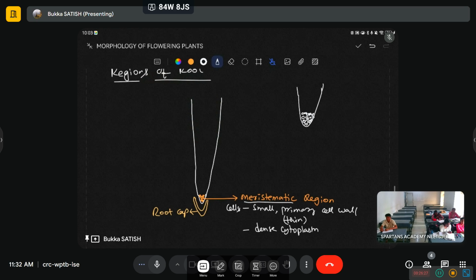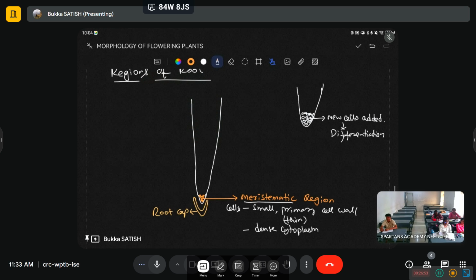In the meristematic zone, as we know, new cells are added in this part. But some cells of it will be undergoing differentiation also. Any new cells formed will undergo differentiation to form permanent tissues.